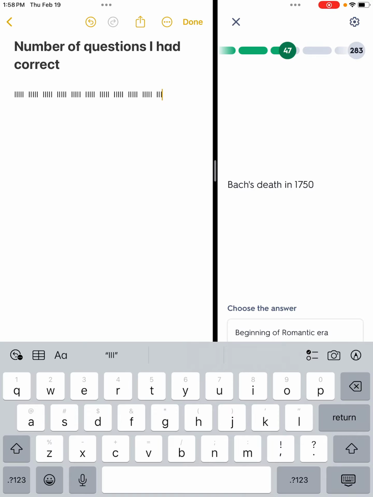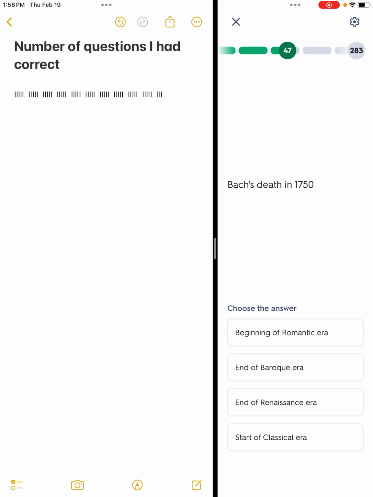Okay, you're going to have to create this question for me, and I know my stuff. Let's see if I can tell you this answer. Bach's death in 1750. Okay, because Bach was sort of in between the Baroque and the Classical period. Because of Bach's death in 1750, you already have the beginning of the Classical era.